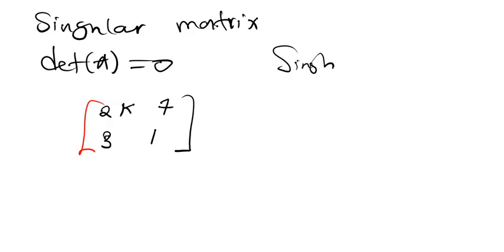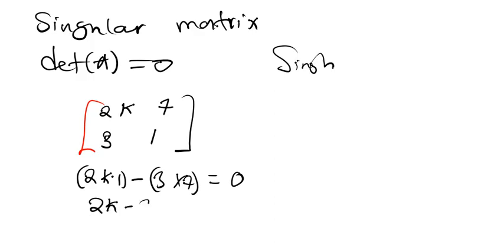So in this case, you have to say 2k times 1 minus 3 times 7, and this should be equal to 0. So that will be 2k minus 21 is equal to 0. So 2k will be equal to 21.